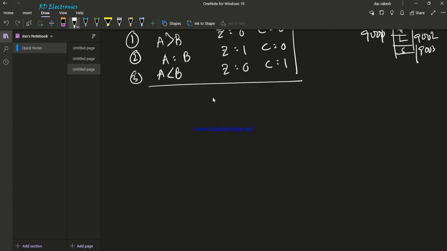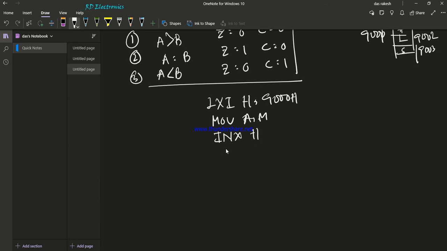Okay, so first we load the number, the HL content, then it is transferred to the accumulator, and then INX H is performed, and then compare between them, CMP M. So now here we place the JNC instruction.